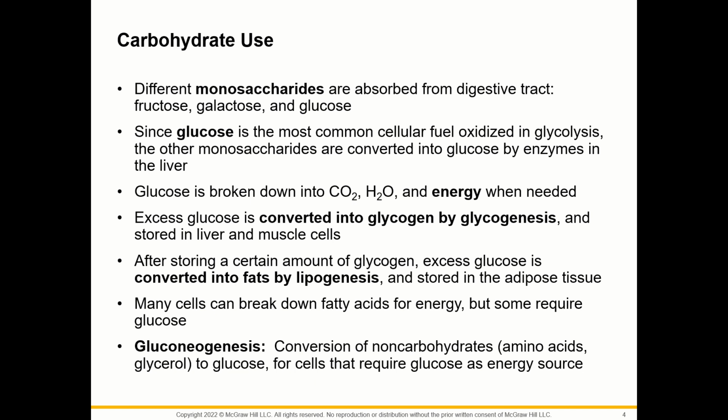Many cells can break down fatty acids for energy, but some require glucose, like the nervous system I mentioned in the previous slide. Gluconeogenesis is the conversion of non-carbohydrates such as amino acids and glycerol to glucose for cells that require glucose as the energy source.